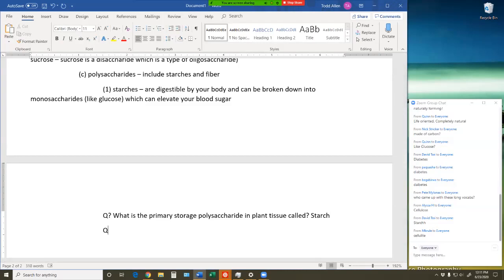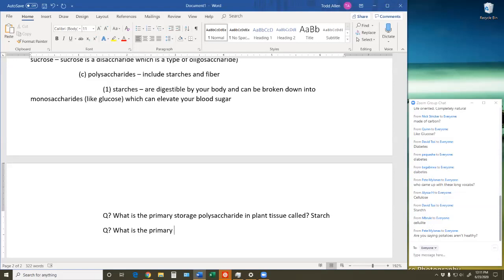Another question. What is the primary storage? Pete, am I saying potatoes aren't healthy? Pete, I'm saying that any food in excess can be damaging to you. You do need a certain amount of nutrients every day, but the amount you need depends on your personal body and your health status.